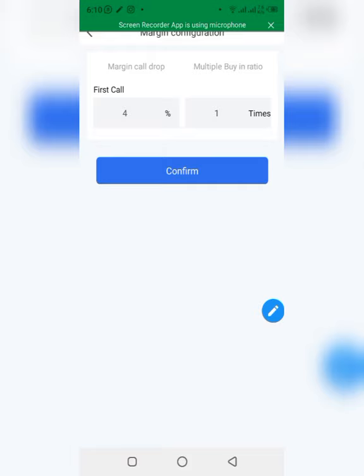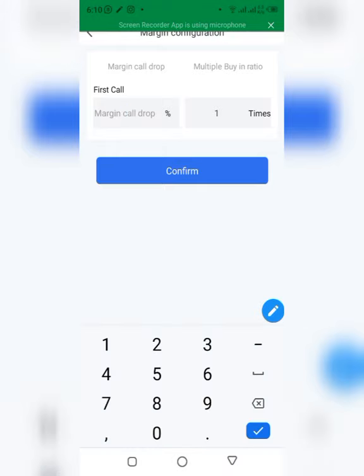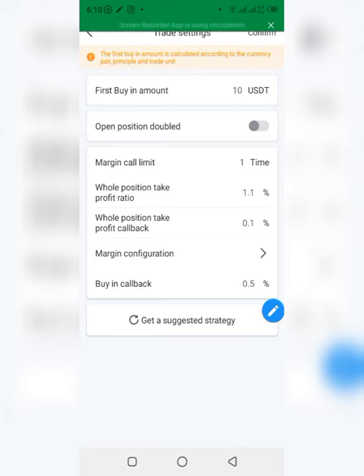So for your margin configuration, since you already set your margin call just one time, if you don't want it to buy the dip, you can put it at 10% or something high. You can even say 50% or so. Leave it at one time. You click confirm. Now, that one is not actually that necessary because I'm going to show you where you can actually stop the bot from buying the dips for you.